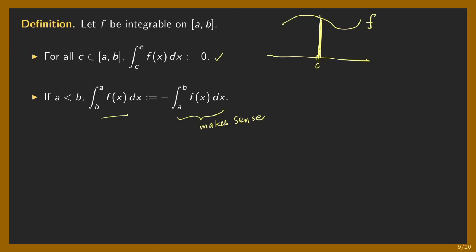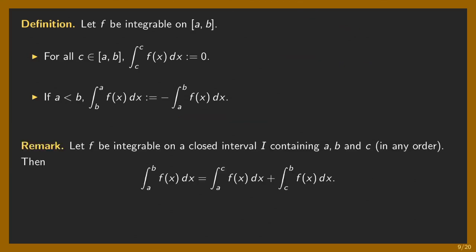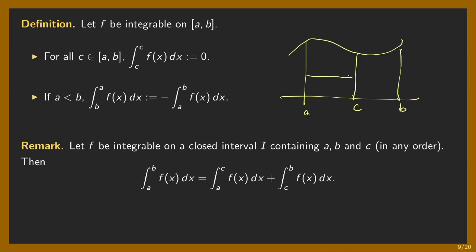Now, because of these conventions, do you remember the additive property: if this is your function, this is a, this is c, this is b, in this order, then the integral from a to c plus the integral from c to b equals the integral from a to b.